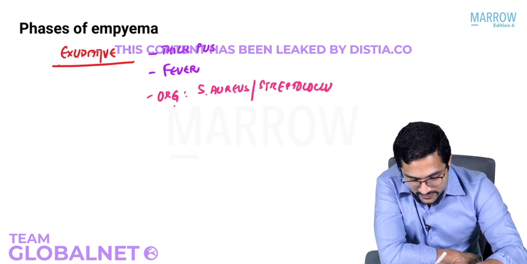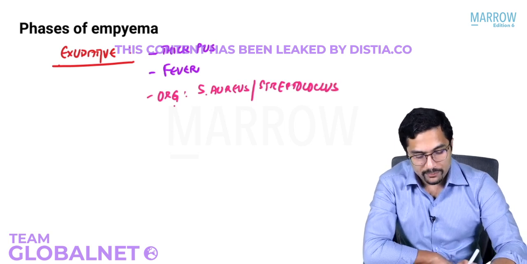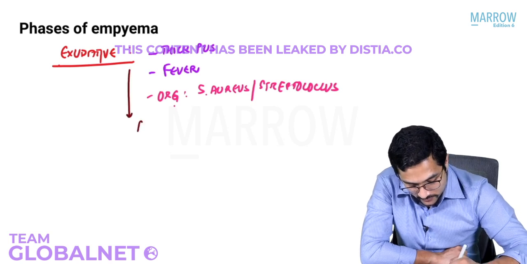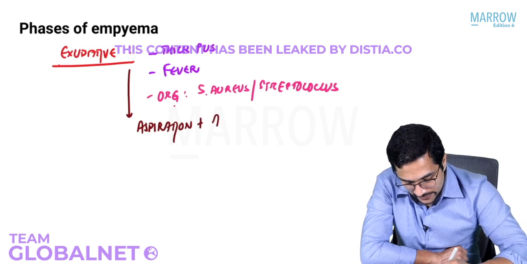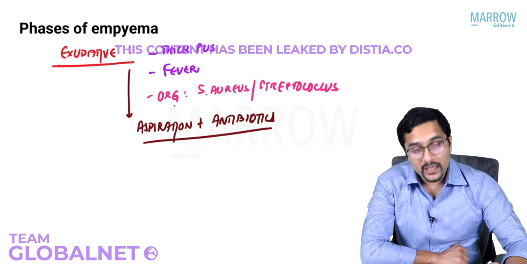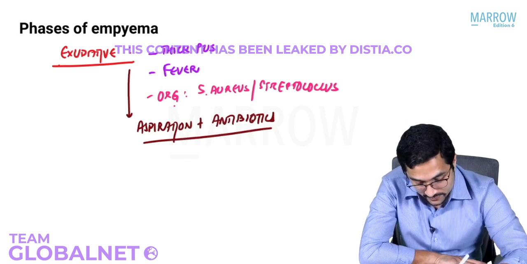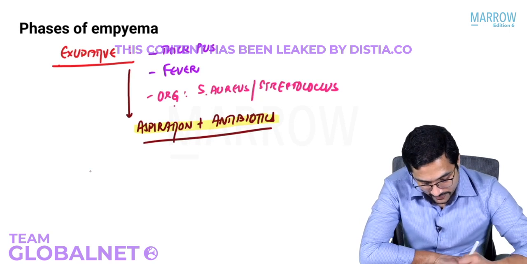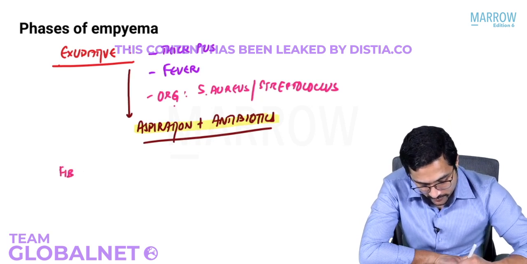And in this phase, when there is pus only present, there are no lung changes, we have to carry out aspiration plus antibiotics to cover these bacteria. That is what needs to be given in this exudative phase. So aspiration and antibiotics.